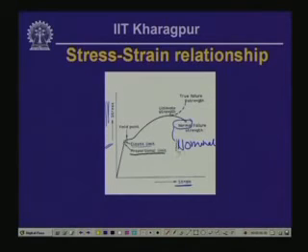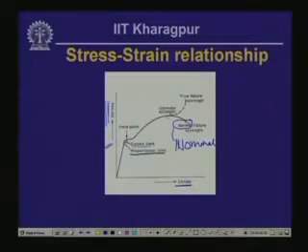Now here, if you note, we compute the stresses with reference to the original cross section of the bar. As you can visualize, when we are pulling this bar, when we are applying a tensile pull, as it deforms, the cross sectional area of the bar will reduce. Now the stress, as we know, is load divided by the cross sectional area.